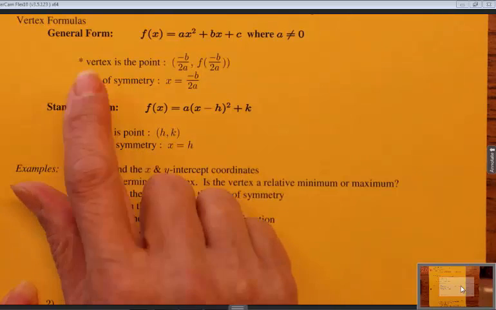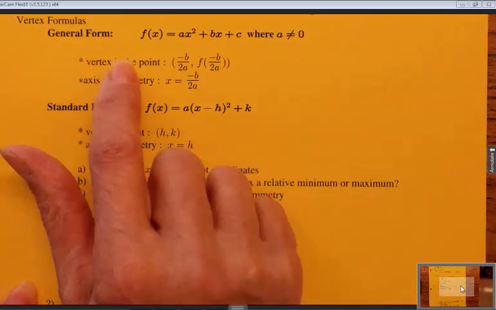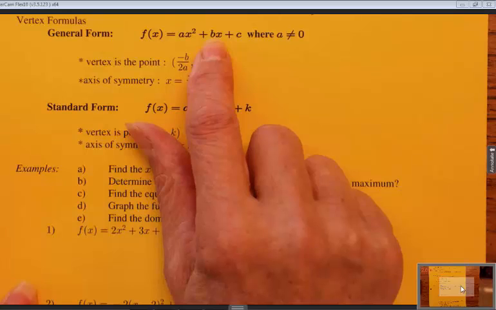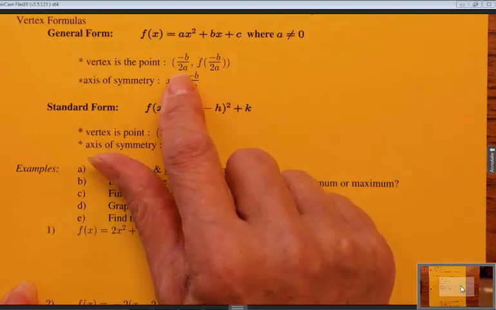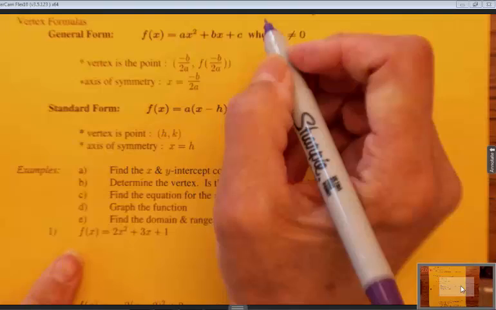If we want to find the vertex, and our equation is given to us in the general form, the way we're going to find our vertex is we're going to take the coefficient of our x, which is b, take the opposite of it, and divide it by 2 times the coefficient of our x squared. So negative b over 2a. That gives me my x. So you might want to write this down.